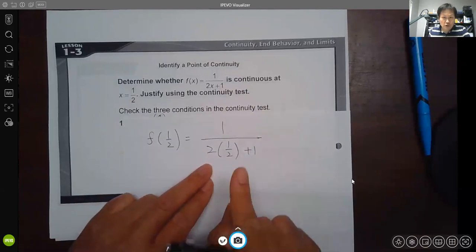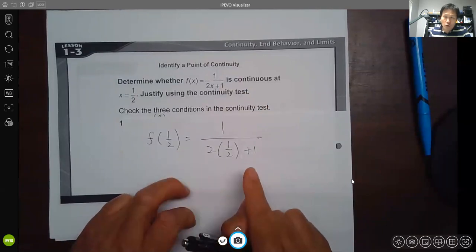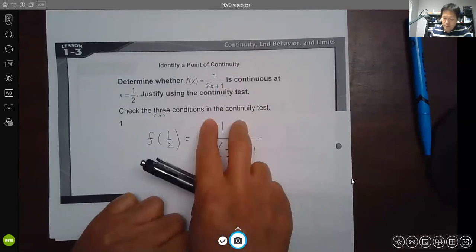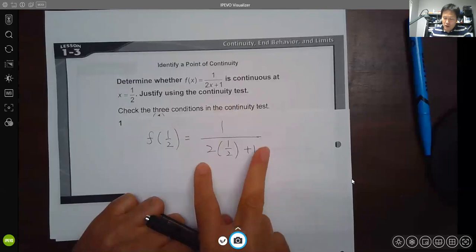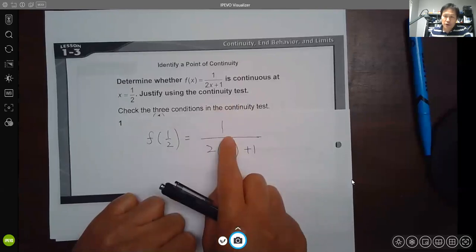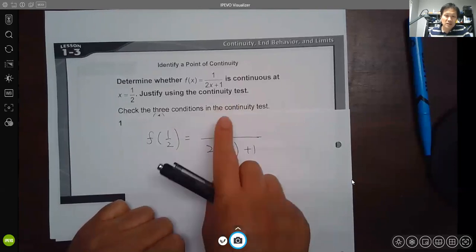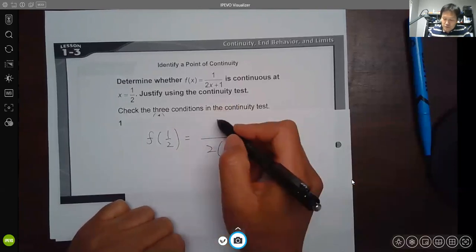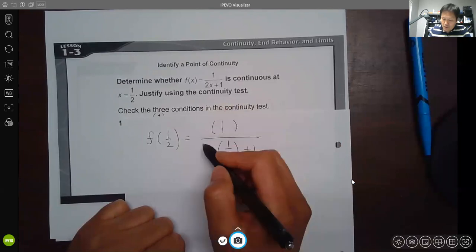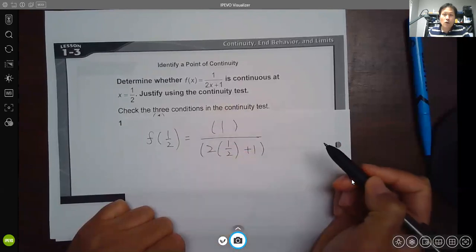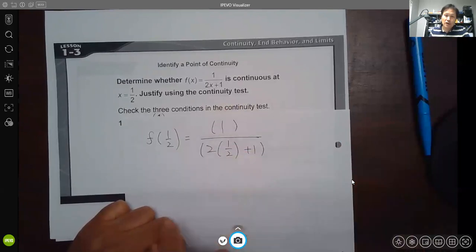When you put that into the calculator, make a habit of using parentheses on the numerator and denominator. The numerator is only one number here so you don't need parentheses, but sometimes it's not. It's always safe to put parentheses on the numerator and on the denominator when you type into the calculator.